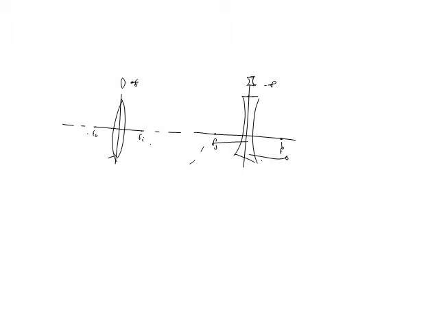Let me write those rules down real quick. The rules are still parallel and then through F, through C, and then through F and parallel, except we do FI and FO. That is the only difference.